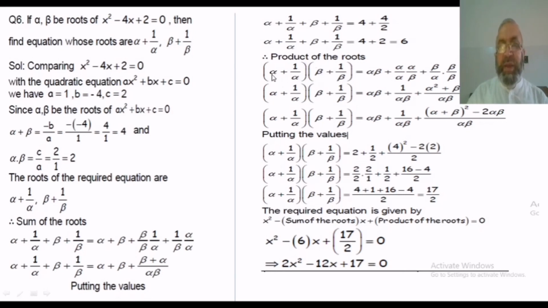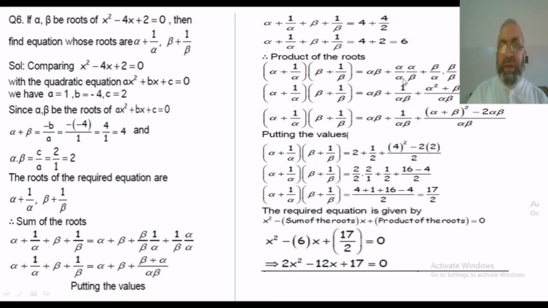So if we multiply first alpha with this one, that becomes alpha beta. Plus again alpha multiplied with this one, so we get alpha by beta. Plus multiplying this one with the next, that becomes beta by alpha. Plus multiplying this with the last one, that becomes 1 over alpha beta.